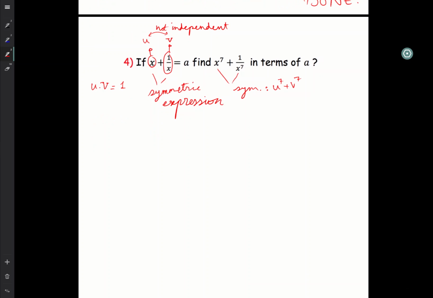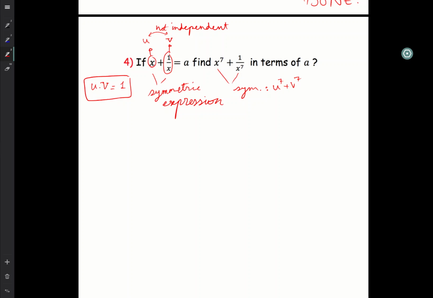And the way we're going to do this is we have to take advantage of the fact that u times v is equal to 1. Okay? So the way we're going to do this is we have 7th power here.